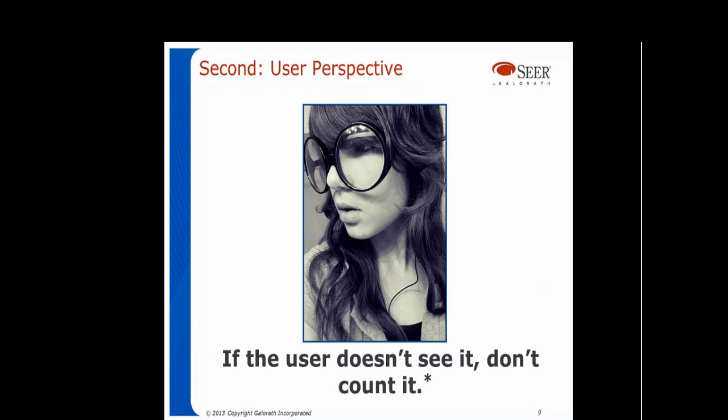The second rule is that if the user doesn't see it, you don't count it. The user actually has to, in traditional functional sizing, put eyes on a feature, and that would constitute a function point.